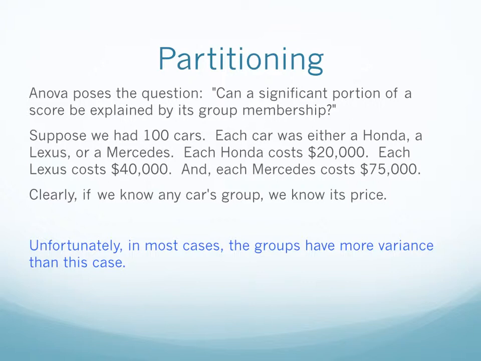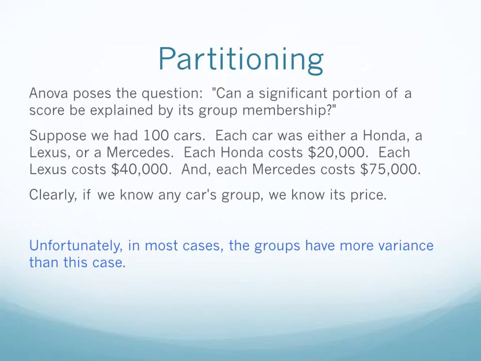Statistically, that question is framed in terms of partitioning. So ANOVA poses the question, can a significant portion of a score be explained by its group membership? So it partitions the score into a deviation from its own mean and that group's difference from the overall mean.